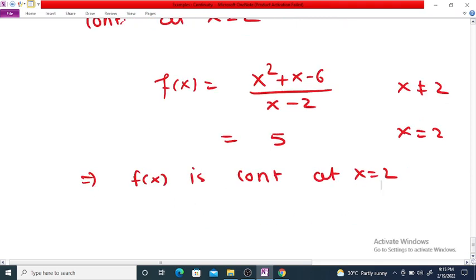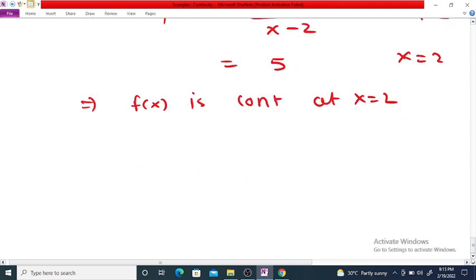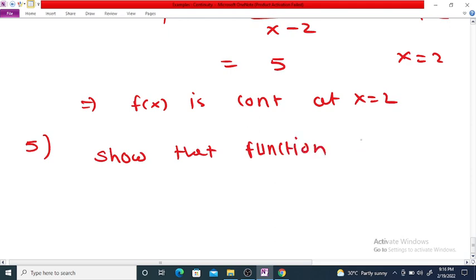Now the next example, the last example, example number 5. Show that the function f(x) equal to x raised to 4 plus 7x cube minus 9 has at least two real roots.